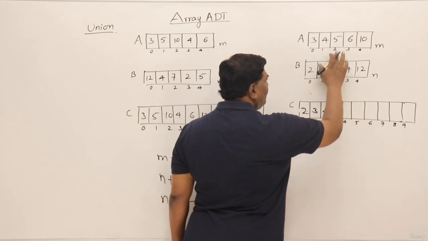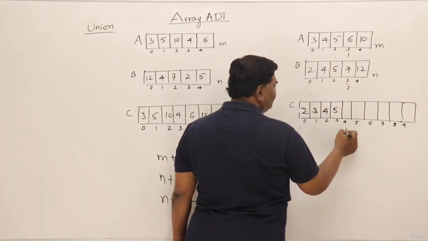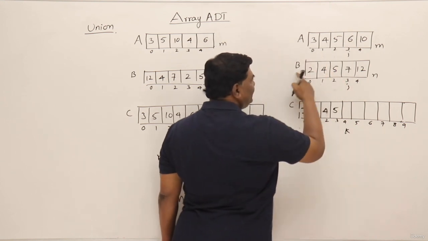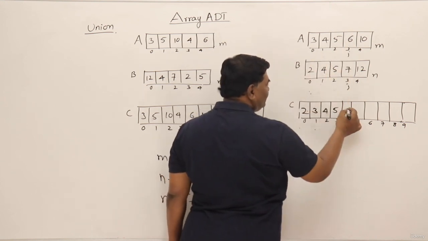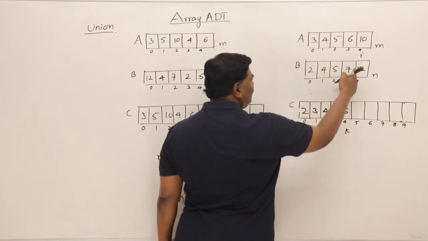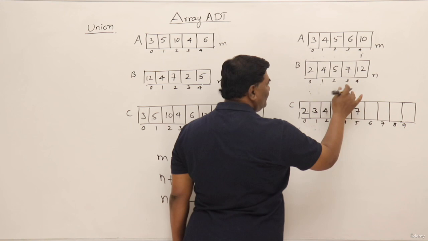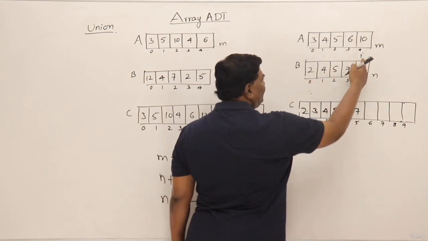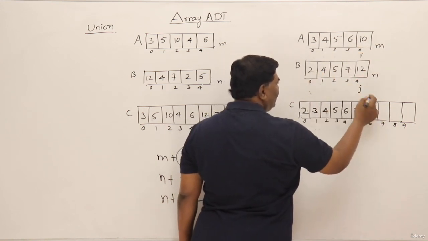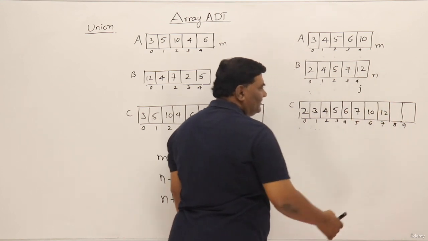Copy it once, move i also and j also, and k is here. Compare a of i with b of j. 6 is small, so copy this one, move i. A of i with b of j. 7 is small, 7 is copied, move j. A of i with b of j, 10 is small, copy 10. Then the leftover is 12, so copy that 12.